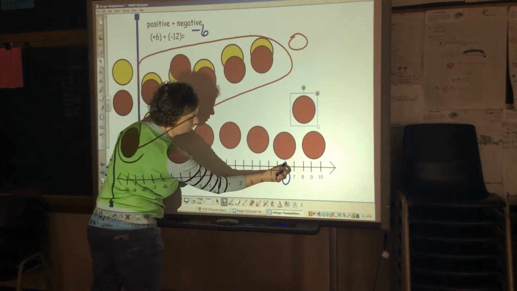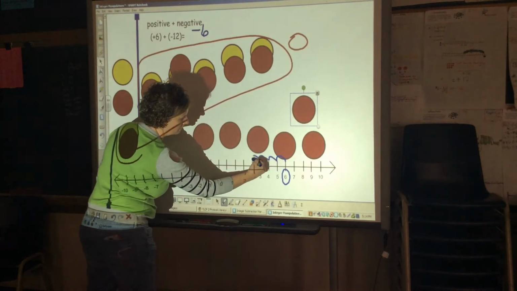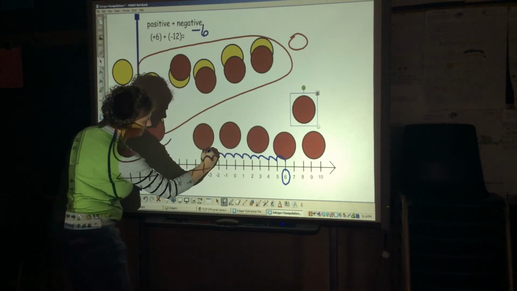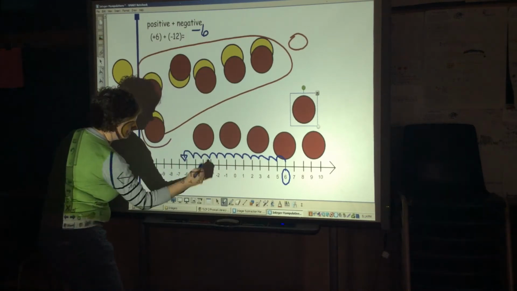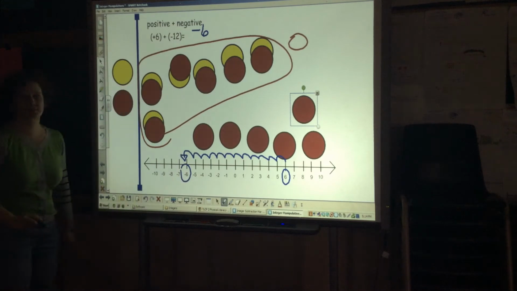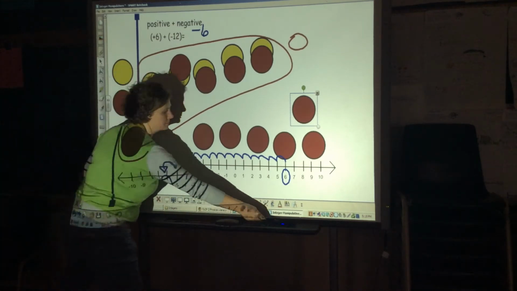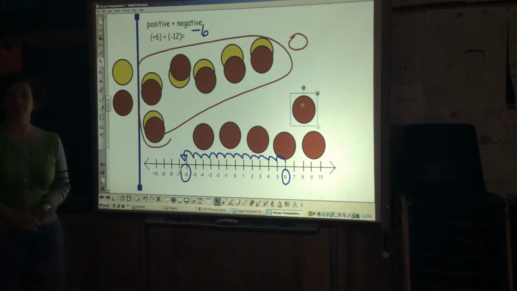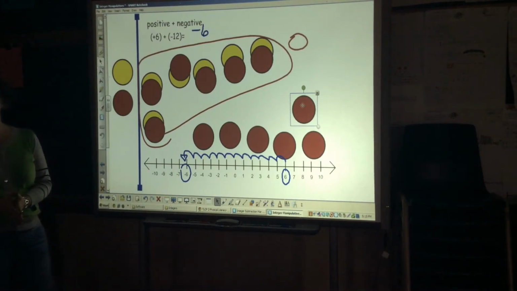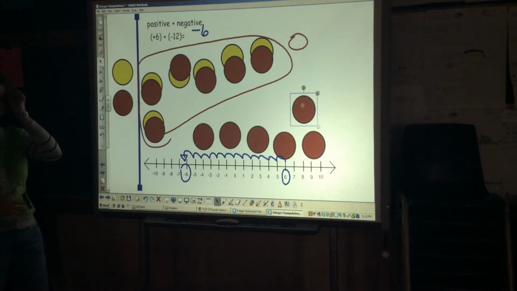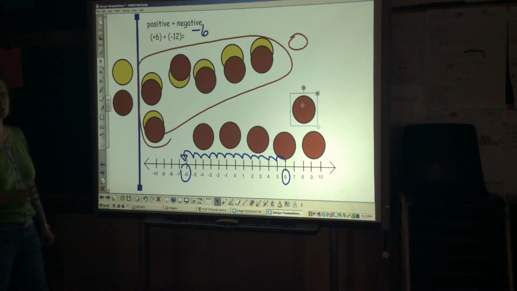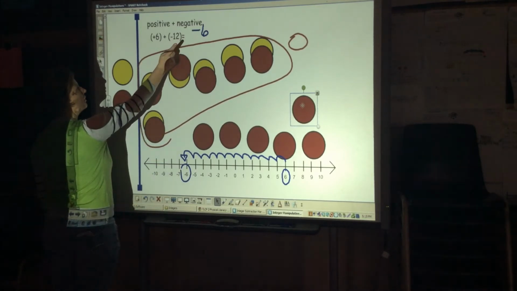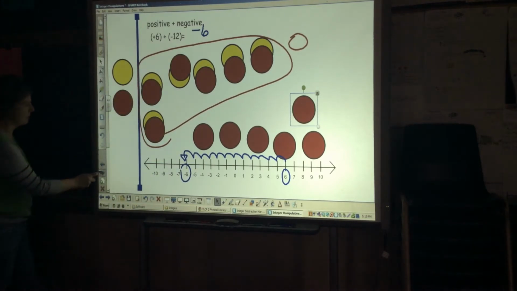So I'm going to go over 12 units. 1, 2, 3, 4, 5, 6, 7, 8, 9, 10, 11, 12. So my answer here is negative 6. And one of our principles was, if you add a positive and a negative, the sign of your answer will be the same as the one that is farther away from 0. And we know that negative 12 is farther away from 0 than positive 6.